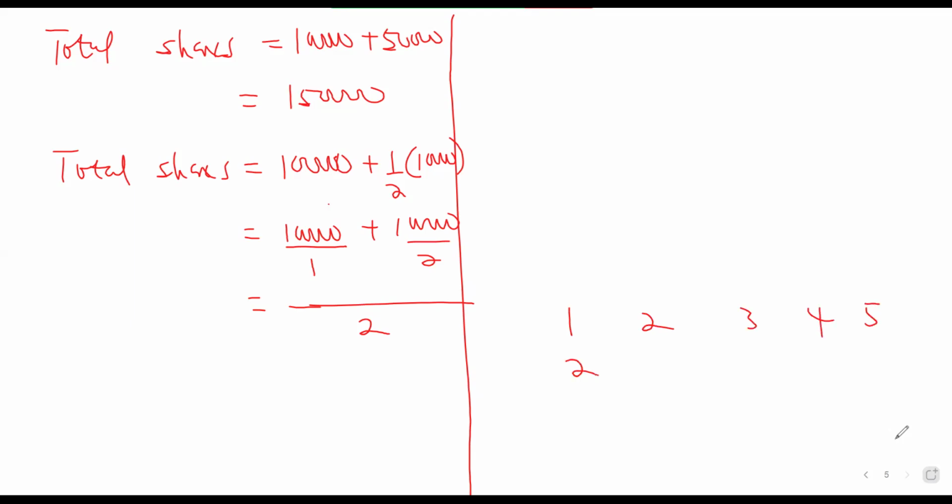Multiples of 2 are 2, 4, 6, 8, 10. Among their multiples, which is the least common to both? It is 2. So that is the least common multiple. This one over here is 1.